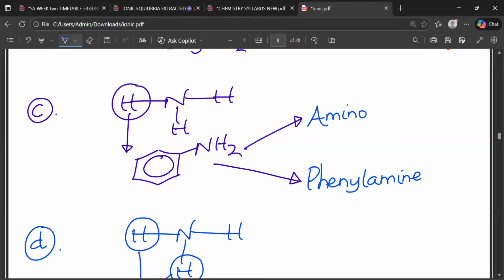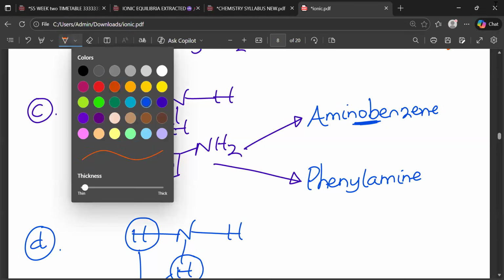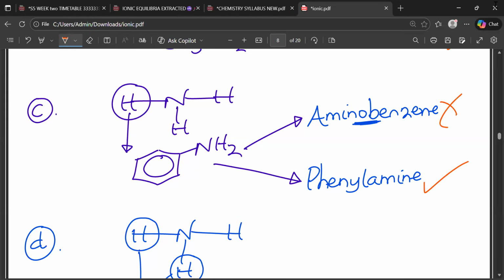Aminobenzene. If you recall chlorobenzene and bromobenzene, aminobenzene cannot disturb you. If you recall that at one time we said chlorobenzene and bromobenzene, it shouldn't disturb you and you should be aware that it is one word. I think we even named it in the topic of benzene. That one is not my worry. So what is preferred is phenylamine.